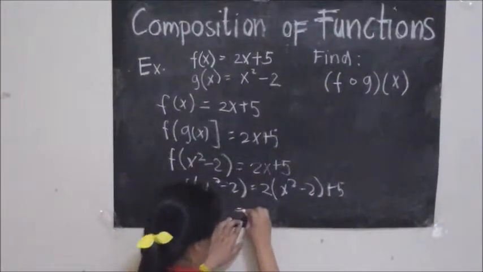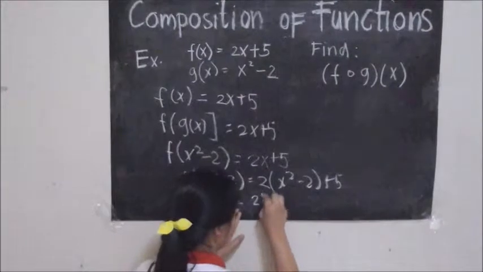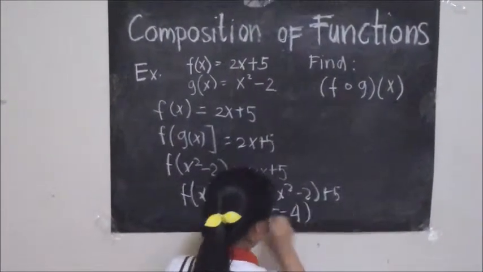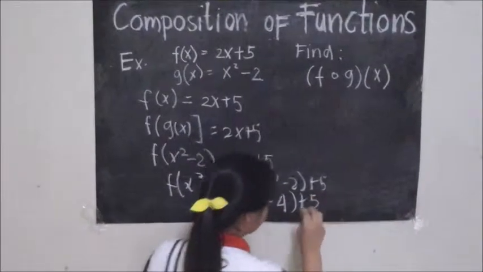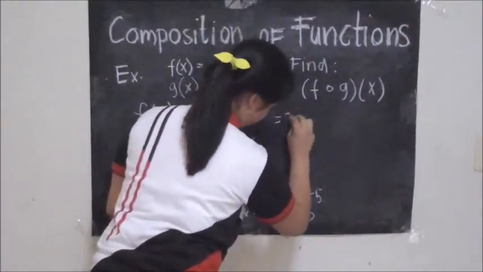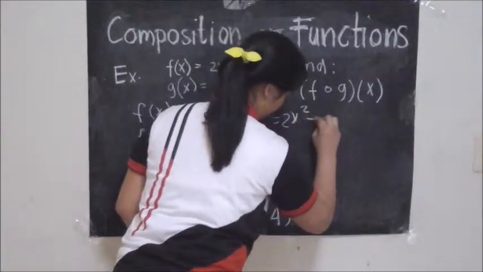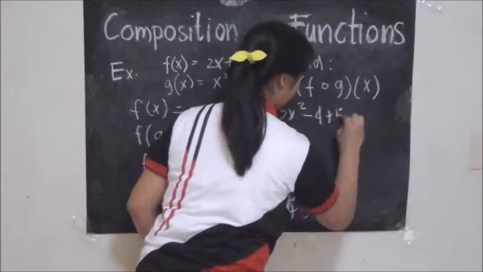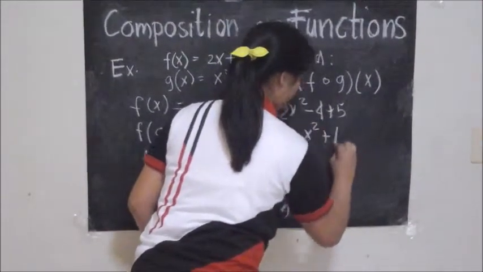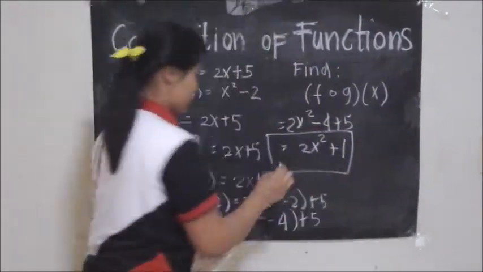Then, manipulate the equation. This will become 2x squared minus 4 plus 5. Removing the parentheses, we will have 2x squared minus 4 plus 5, or simply 2x squared plus 1. This will be our final answer.